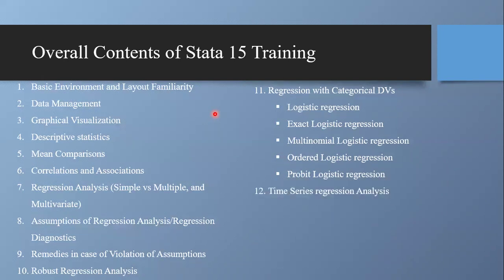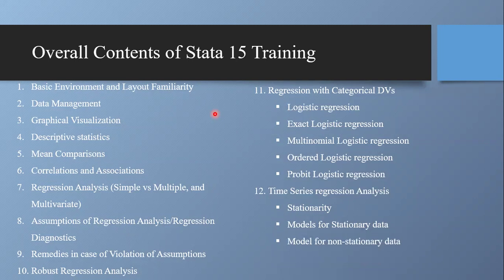Then we have time series regression analysis, where we will discuss the stationarity issues, how to check the stationarity of the data, whether your variable is stationary or not. What are the models if your data is stationary using the time series, and what are the models if your data is non-stationary?